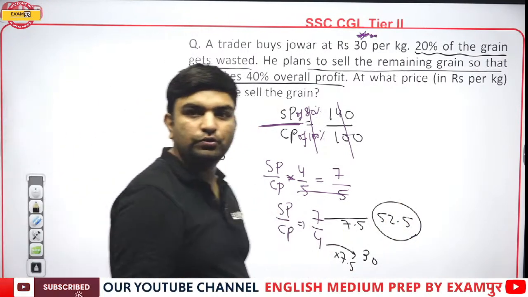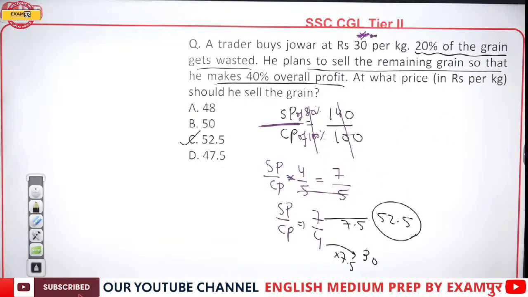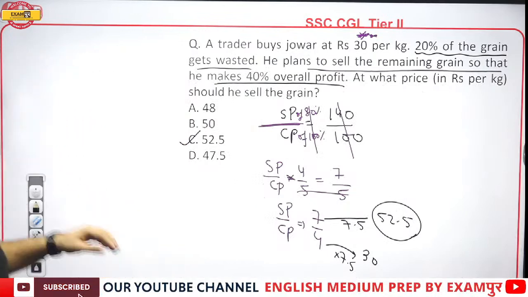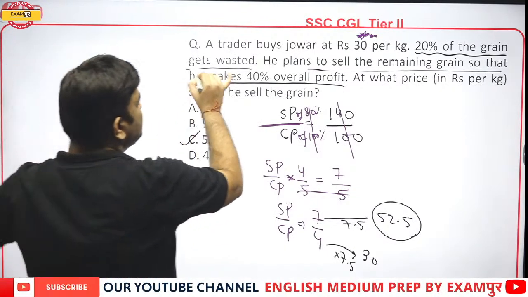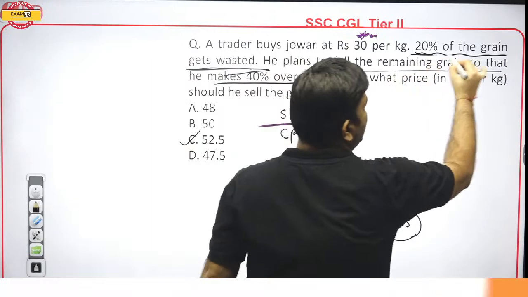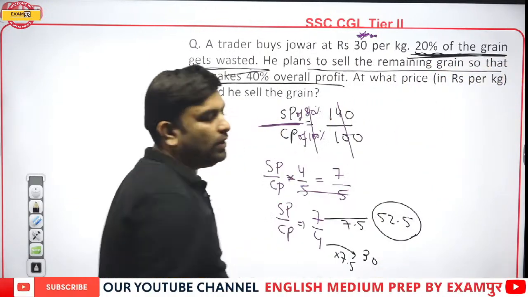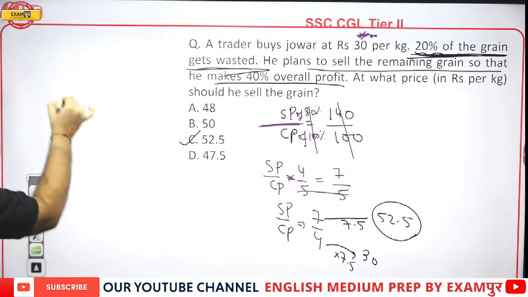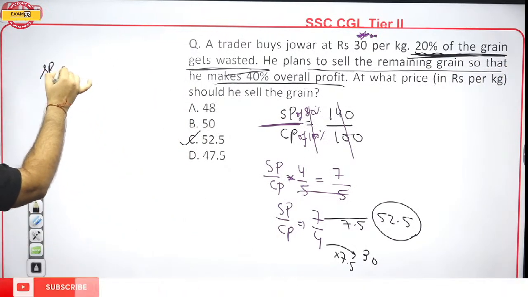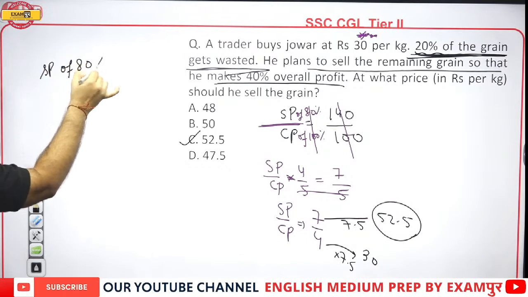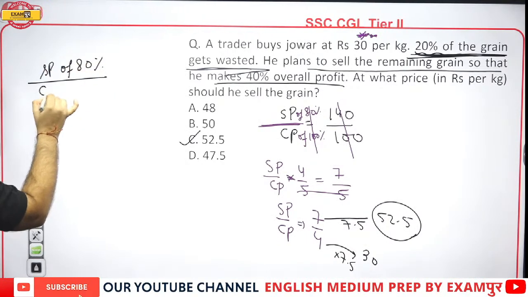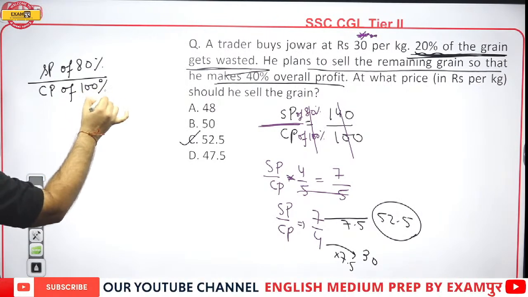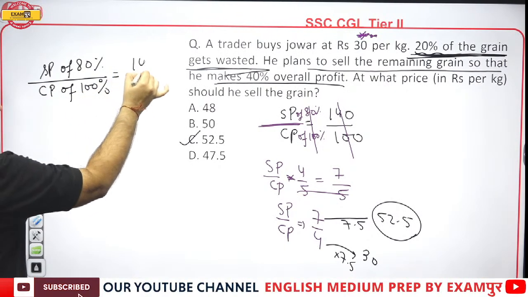If there are any issues, do let me know. Since 20% grains have gotten wasted, SP would only be calculated for 80%. So SP of 80% upon CP of 100%, because you have to pay for the entire grains, is equal to 140 by 100.